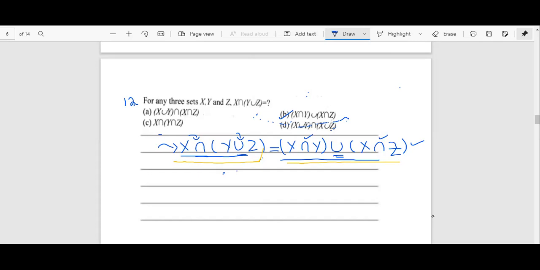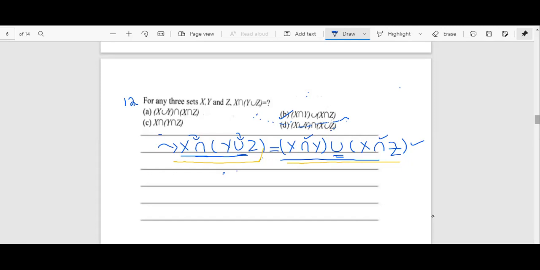Now when we take the intersection with X, we are going to get the elements which are common in X and Y, and the elements which are common in X and Z, right? So if I find the union of both these sets, I am going to get the B option, right? So this is why B is the answer.